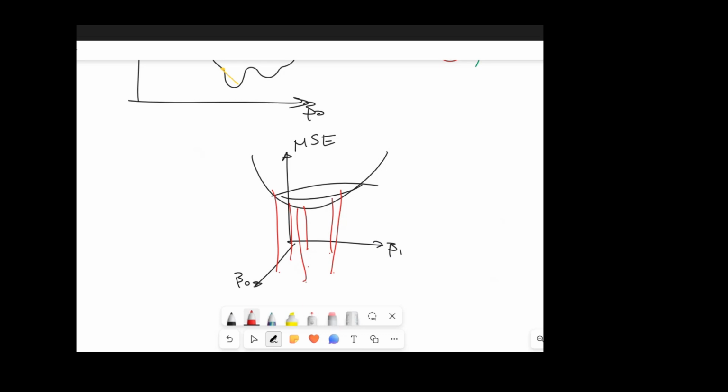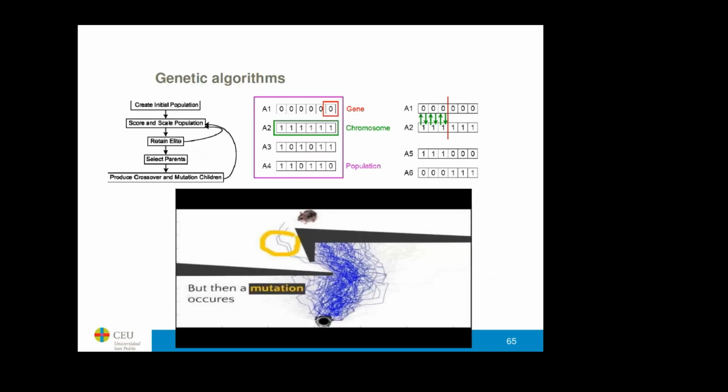Okay, so now we will do the following. The best elements you keep. Let's say that you have a population of 100, so you keep the first 5. For the others, they will create a new generation of the population.